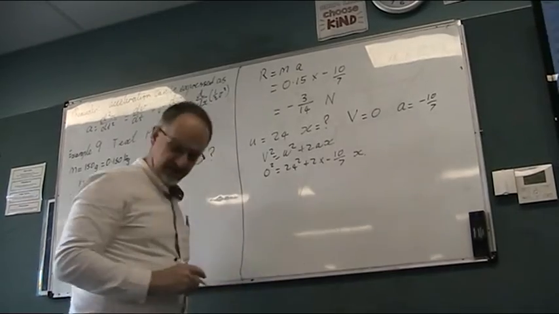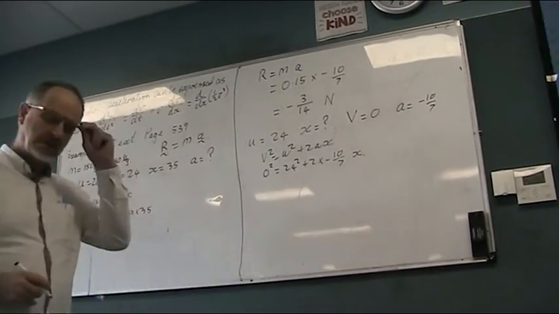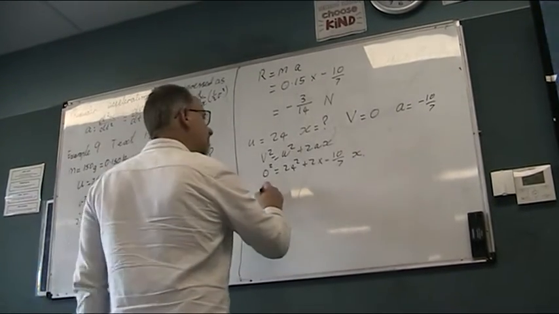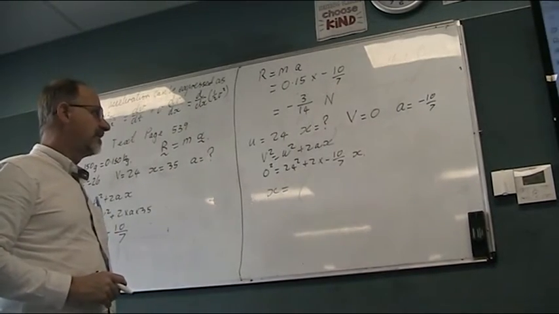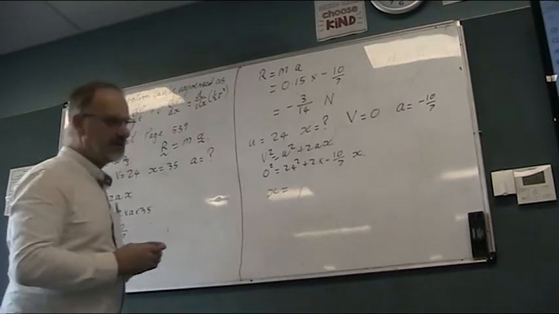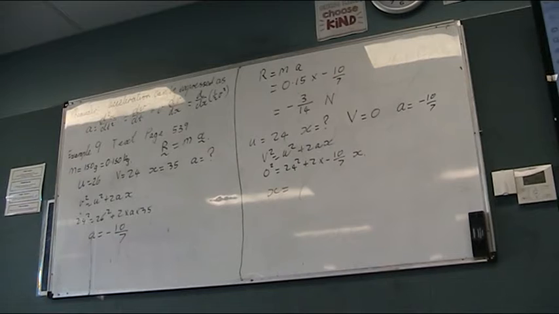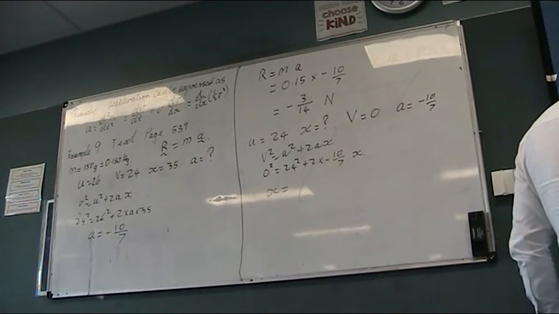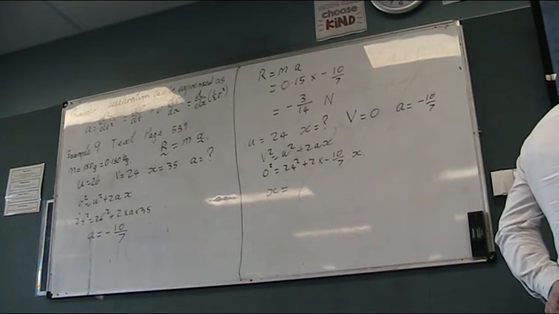When we rearrange all of that, apparently it comes out to be... How come you got 24 and over there you used 26? Because the question says how much further. It's already slowed down to 24, so I've chosen to start here.